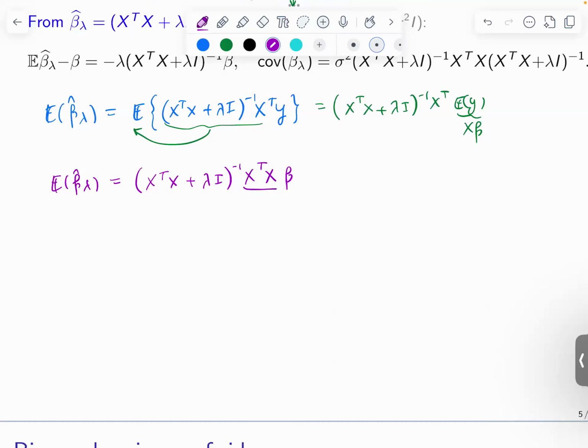Yeah, but the trick is exactly as was pointed out. You just add and subtract lambda. So let's do it here. I have this. I'm just going to add lambda I and subtract lambda I. Why is this useful?